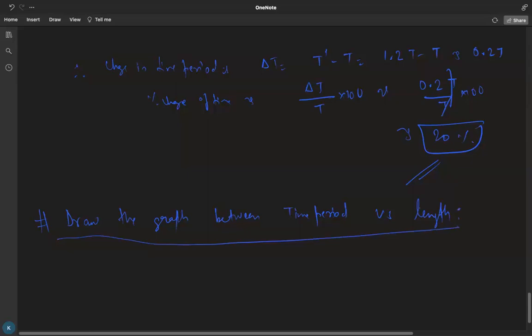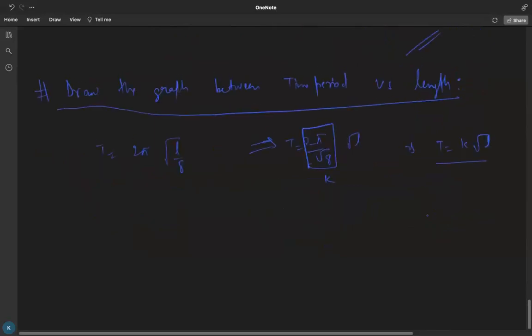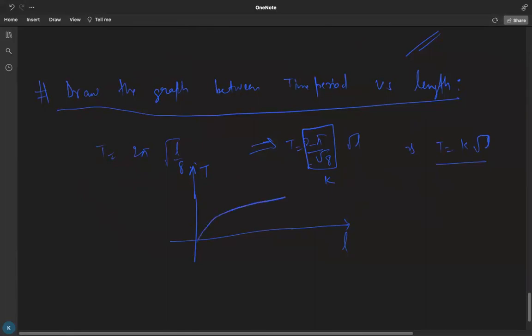From the above expression, you know that the time period is 2 pi root under L by G. If I consider time period as 2 pi by root G and root L, the first term is a constant, K. So we have time period equal to K root under L. When you draw the graph of this, it will look something like this, let me draw it here. This is our time period and this is our L. So it will be like y equals root x, and this is the graph between T and L.